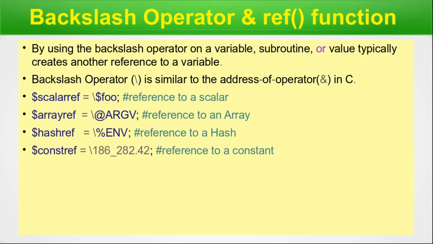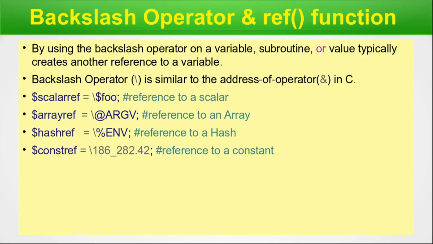Constant ref. Here on the right-hand side we have written a constant, 186_282.442. We use the backslash operator here, and the constant ref is a reference to a constant. The right-hand side is not a variable, not a scalar, not an array, not a hash, it's just a constant.